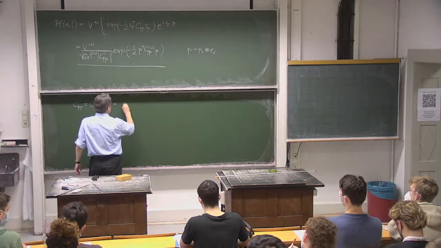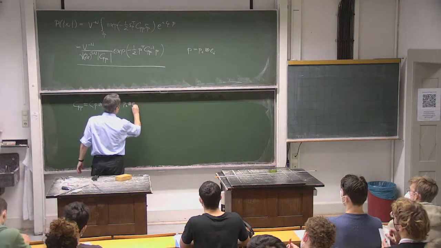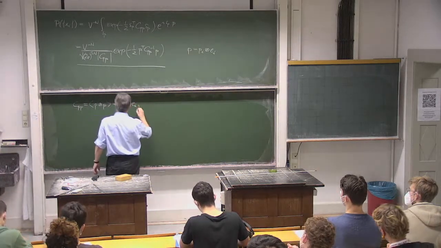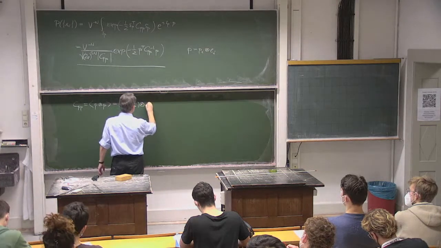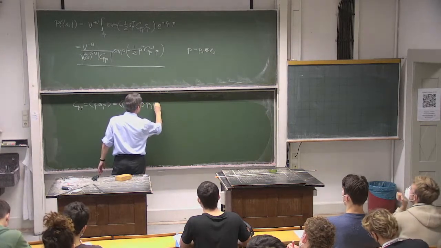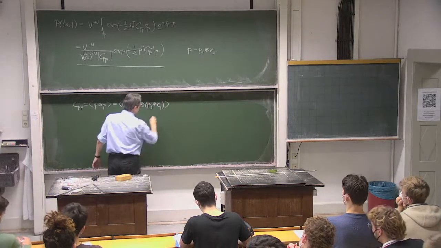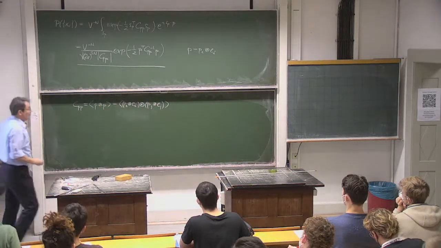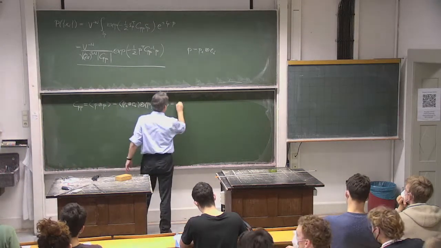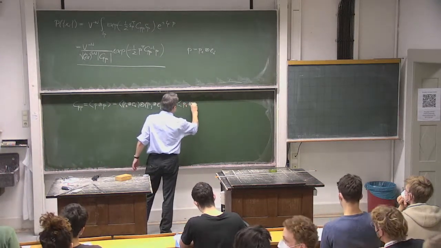So that's going to be p_i tensor e_i tensor p_j tensor e_j, average. So that's going to be the average over p_i tensor p_j.